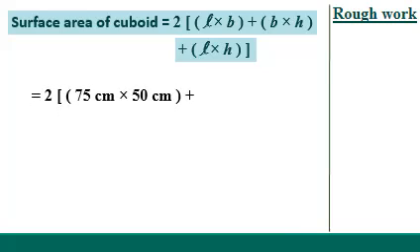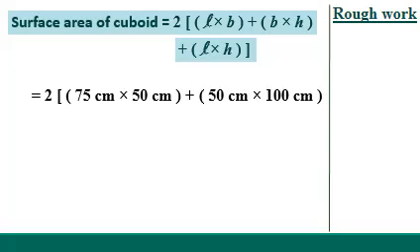So 2 will be written as it is. Then within the square bracket we can see round bracket is there, and within round brackets we can write down the value for length, which is 75 centimeters, multiplied by breadth, which is 50 centimeters, and the sign of addition will be written as it is. Then again round brackets are there, so we are going to put the value for breadth, which is 50 centimeters, multiplied by height, which is 100 centimeters.